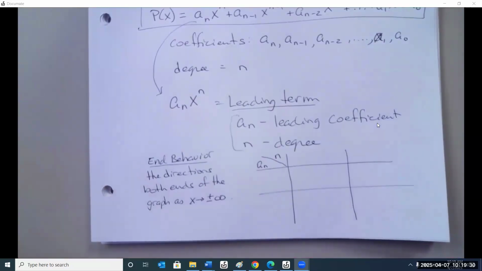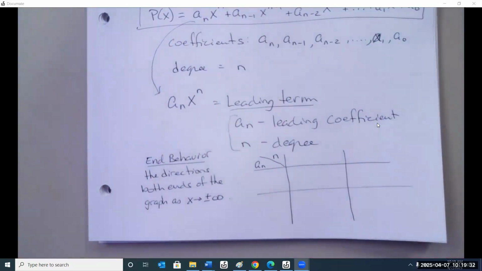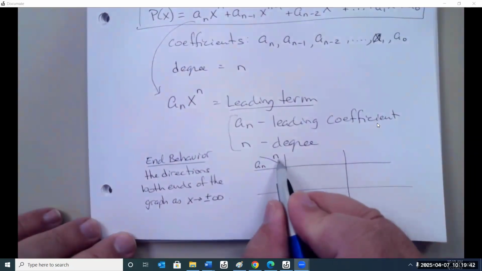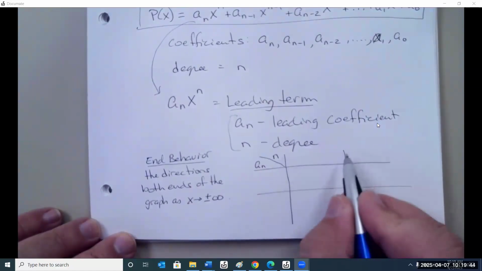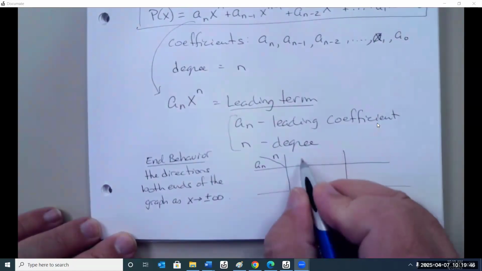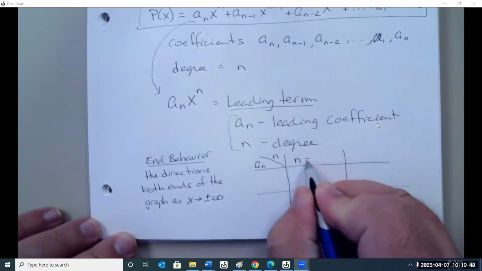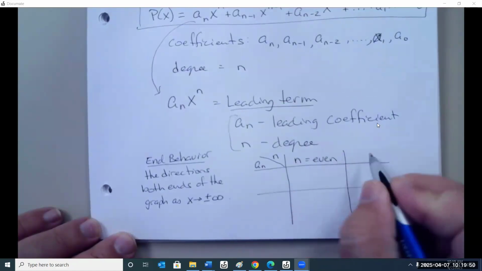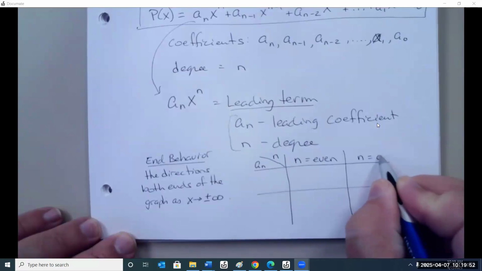For example, here's a chart that tells us, just by looking at the leading term of the function that's given to you, what the graph is going to look like. The top one is the degree: n is even or n is odd.